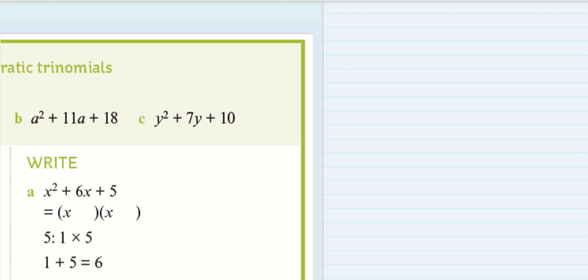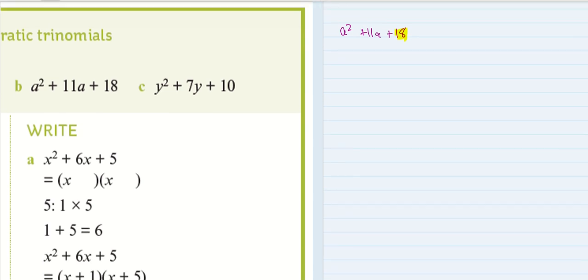So we've got a squared plus 11a plus 18. What I need to do is think of 2 factors that multiply to give 18. So on my right hand side, this has got to equal a and an a because it's an a squared, with a plus and a plus because they're all pluses.